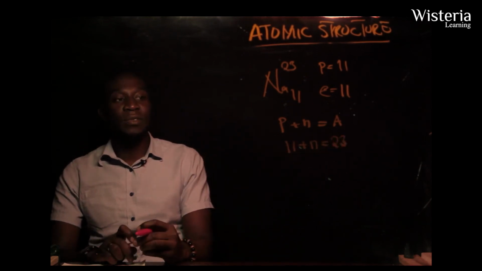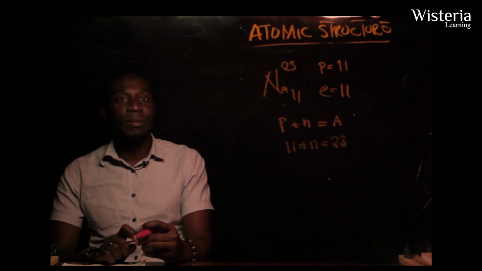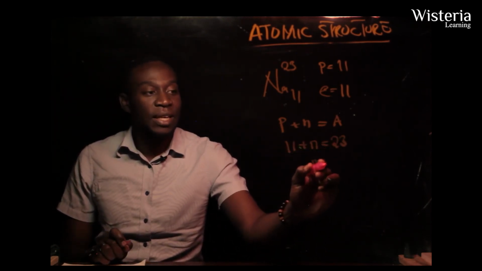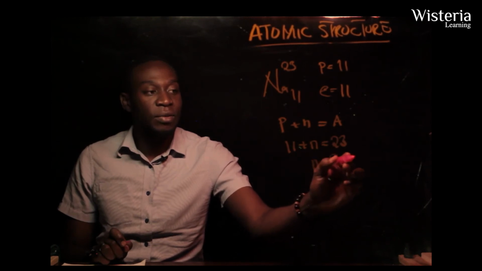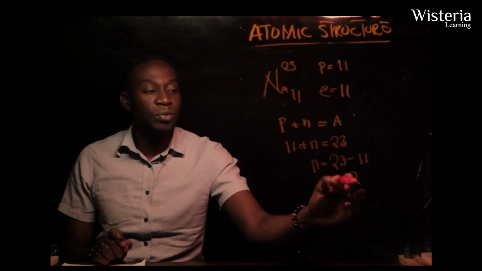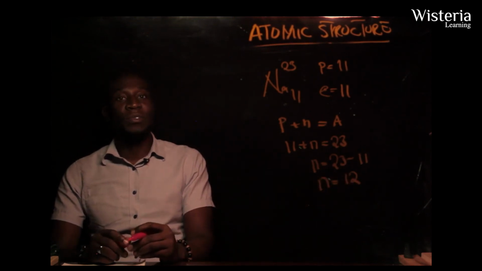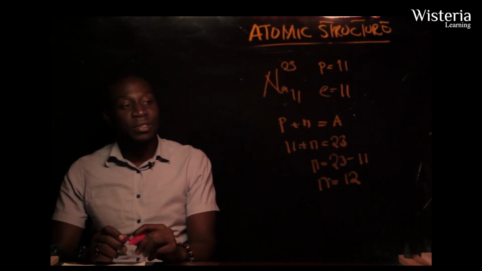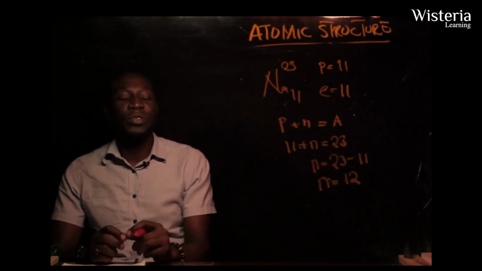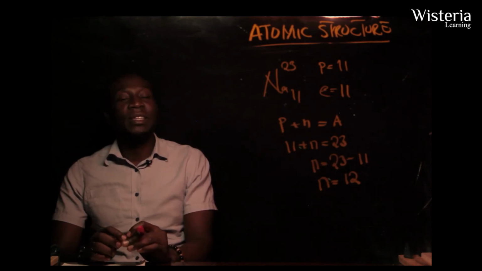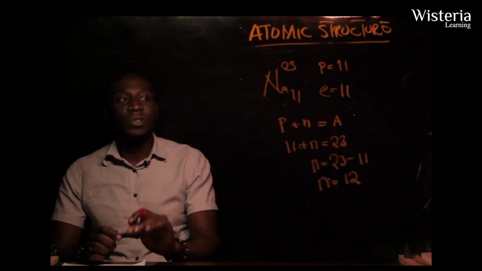To find n, the number of neutrons, we move 11 to the other side so it becomes negative: 23 minus 11, so the number of neutrons is equal to 12. So in an atom of sodium, we have 11 protons, 11 electrons, and 12 neutrons. The number of protons and electrons are equal in any neutral atom.